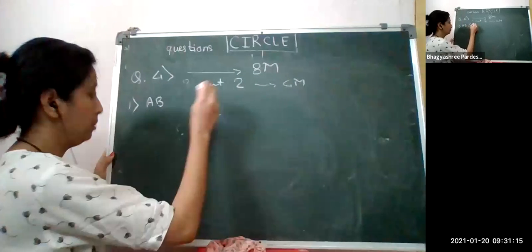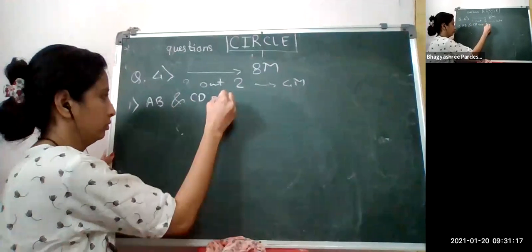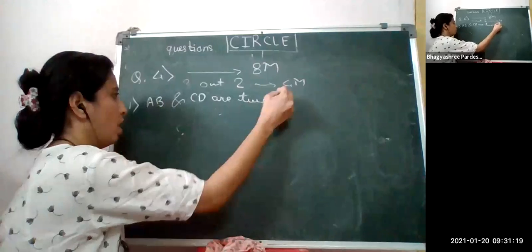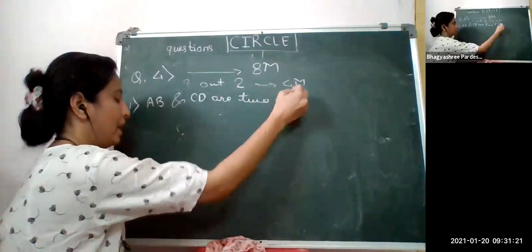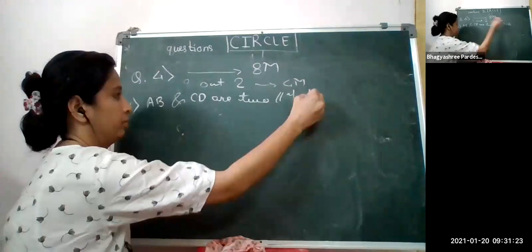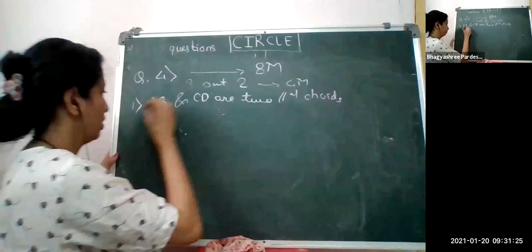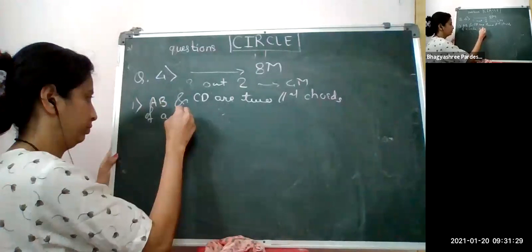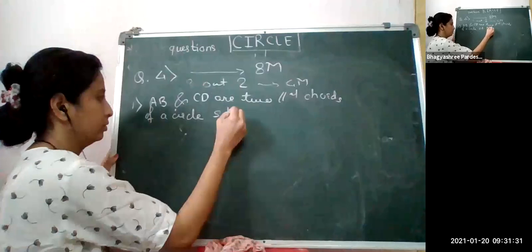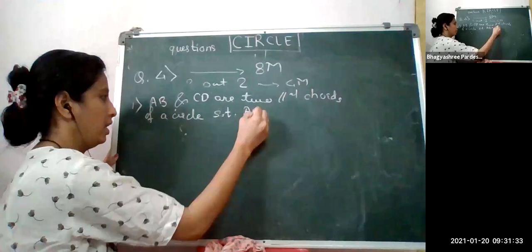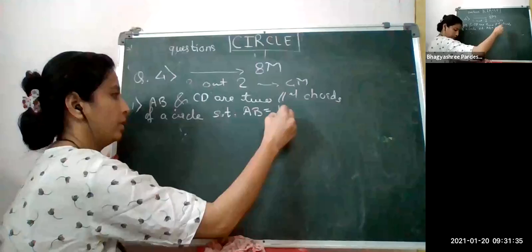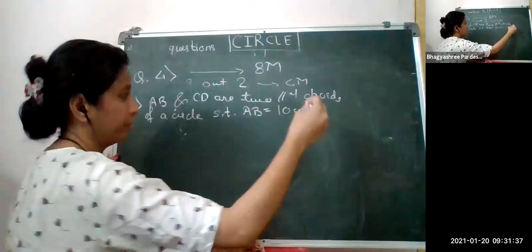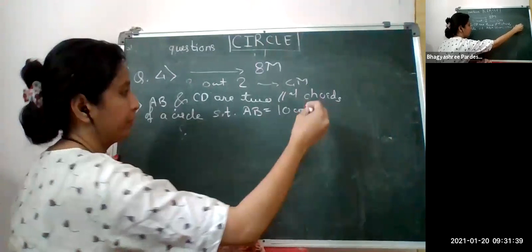AB and CD are two parallel chords of a circle, such that AB is equal to 10 centimeter, CD is equal to 24 centimeter.